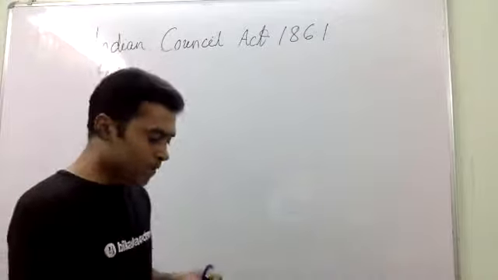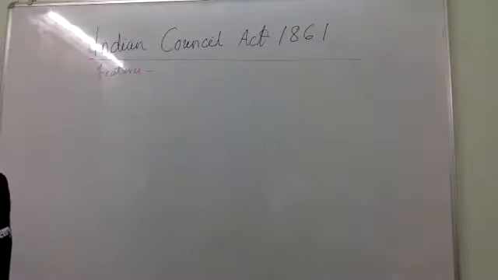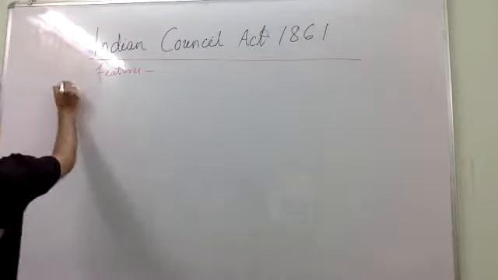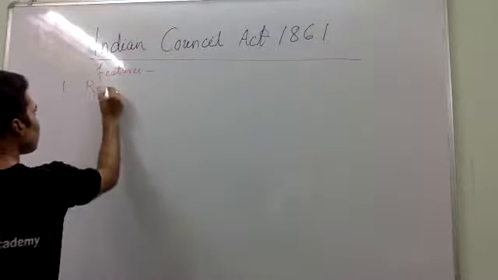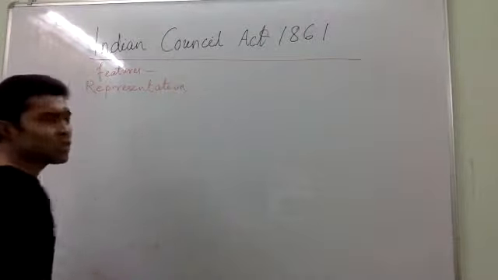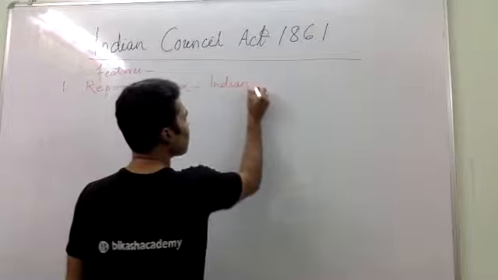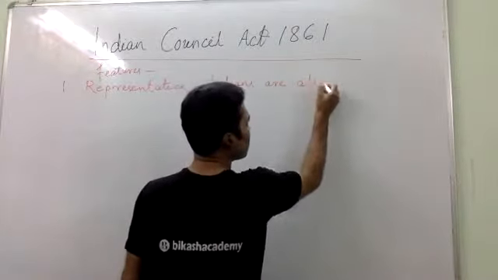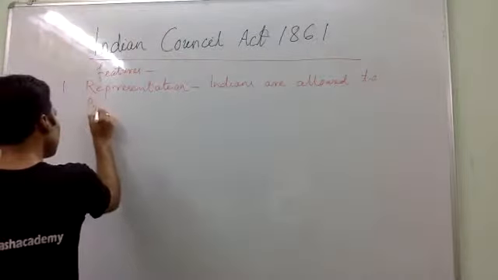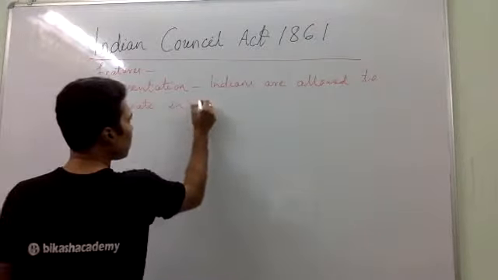The first feature is representative institutions, right? So the first point is representation. What is representation? Now Indians are allowed to participate in the law-making procedure.